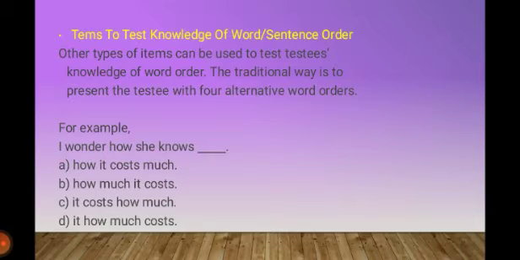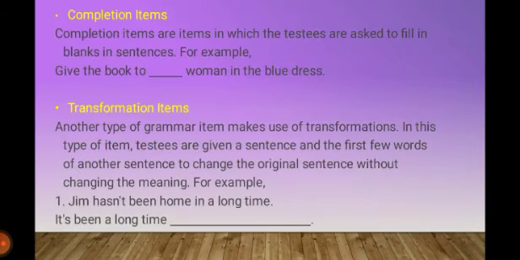You can see the example. Okay, next, completion items. Completion items are items in which the testees are asked to fill in a blank in a sentence. For example, give the book to blah blah blah, the woman in the blue dress.